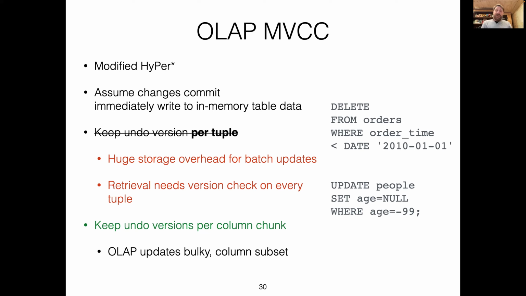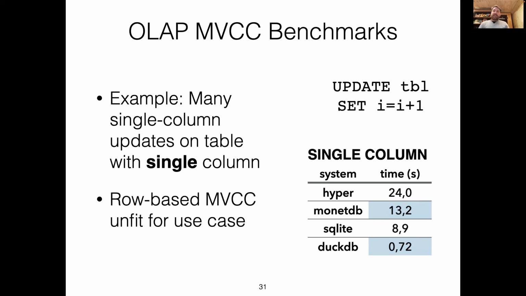So if you had to do undo pointers for every row individually, this would be quite a lot. And so what we did is we changed this to keep the undo version only per column chunk, which allows you to do undos and versioning at a much lower granularity, and therefore better for analytical use cases.